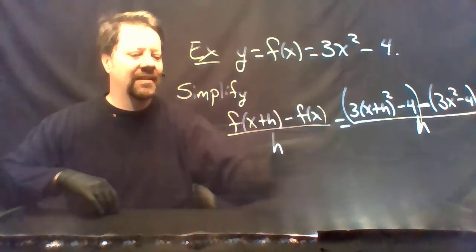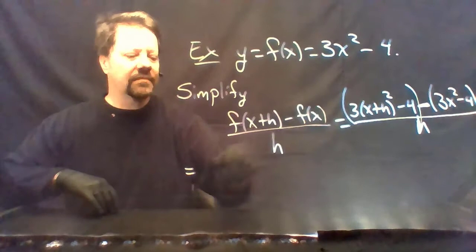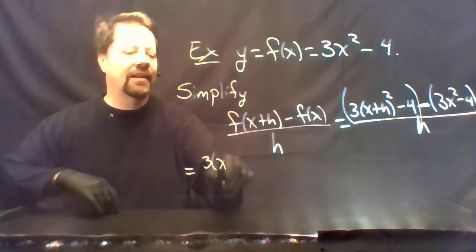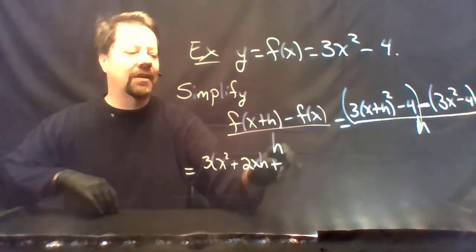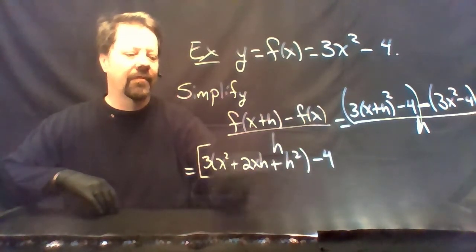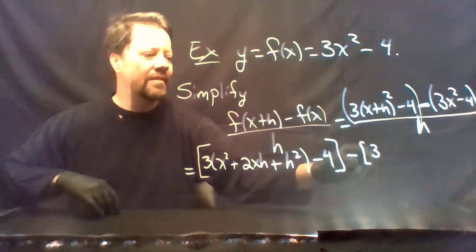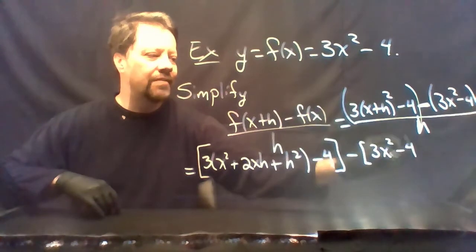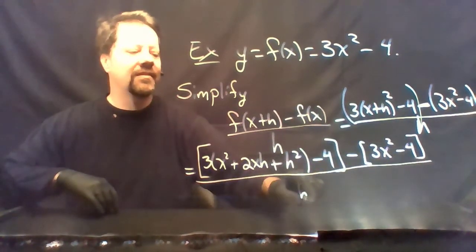From here, we need to FOIL out this perfect square. That's 3 times the quantity x squared plus 2xh plus h squared, minus 4, minus 3x squared minus 4, all over h.